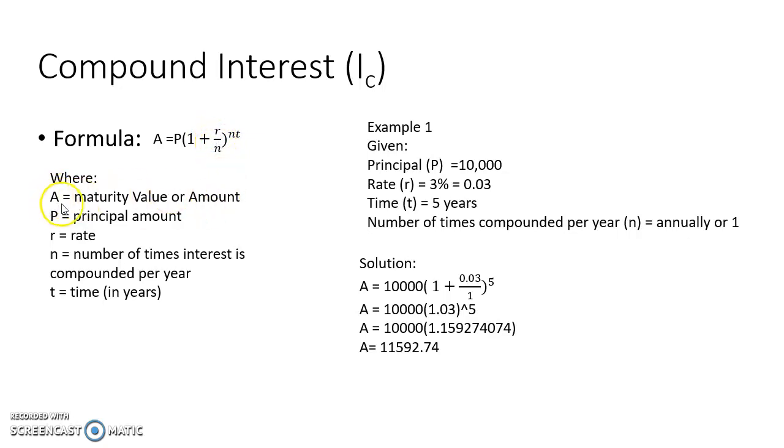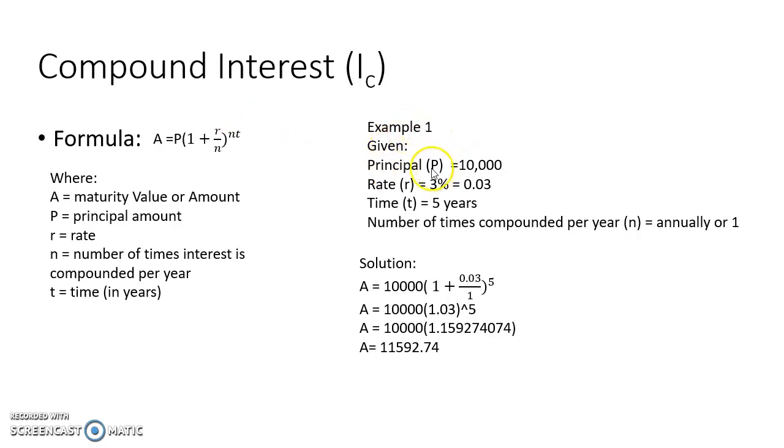Okay. Where A is maturity value or amount, P is principal amount, R is rate, N is number of times interest is compounded per year, and T is time in years. So let's go back to example number 1.